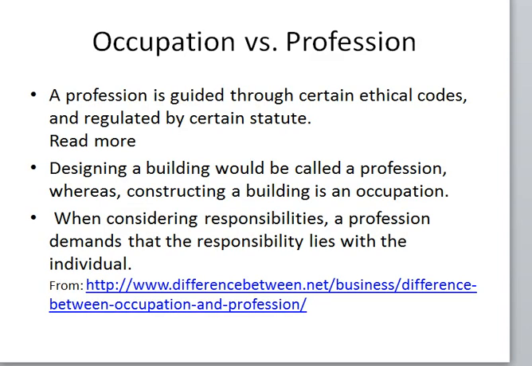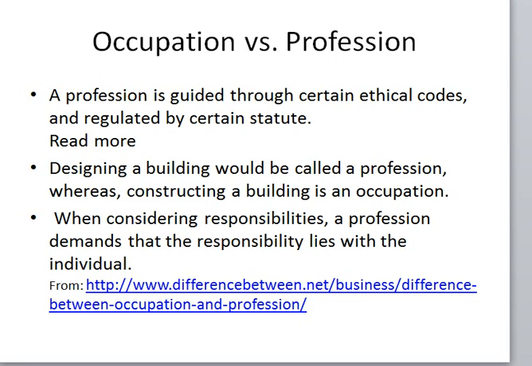So basically the Code of Ethics is a guide that helps to guide a profession to make ethical decisions. And there's kind of a lot of discussion about what's an occupation and what's a profession.